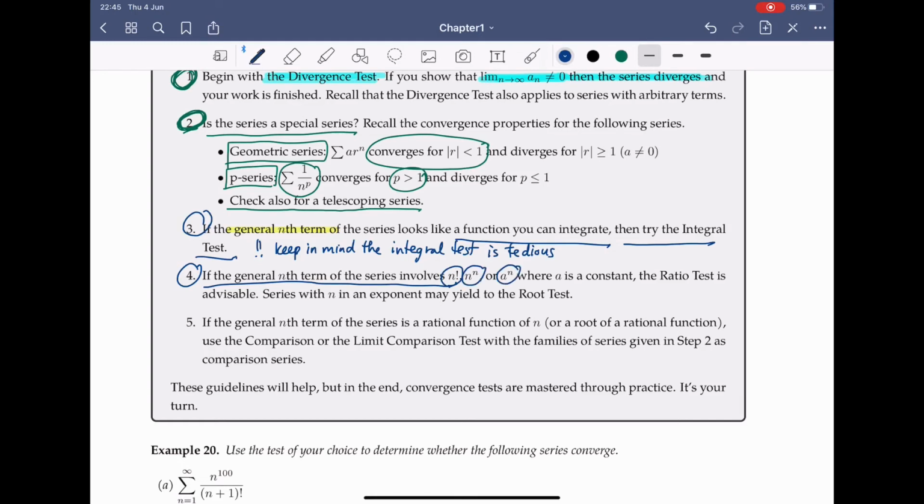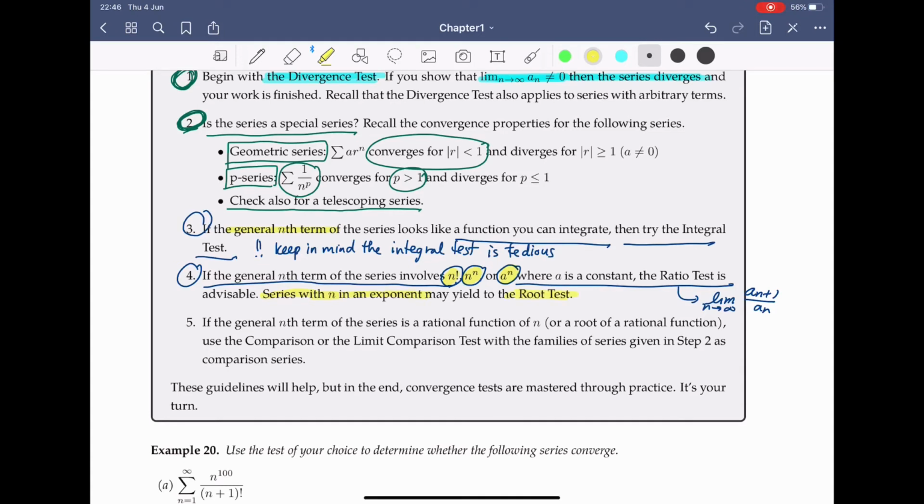Alright, so number 4, if your general terms contain something like n factorial, n to the n, a to the n, something like that, you could try the ratio test, because the ratio test looks at the limit of a n plus 1 over an, and that will give you a lot of cancellation if you have n factorial, n to the n, or something like a to the n. On the other hand, if you have a series with n in the exponent, maybe you can use the root test.